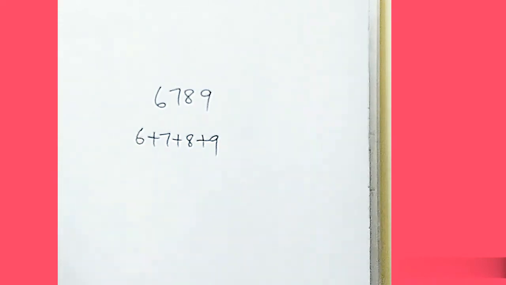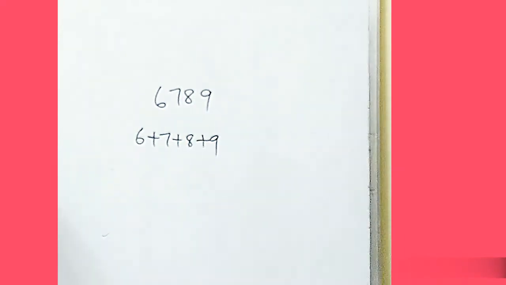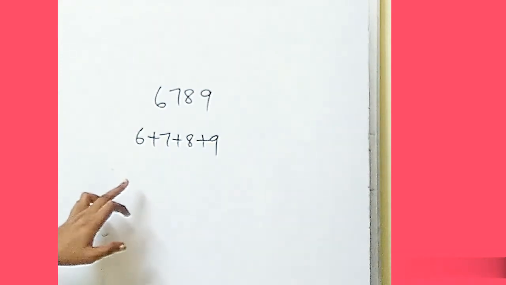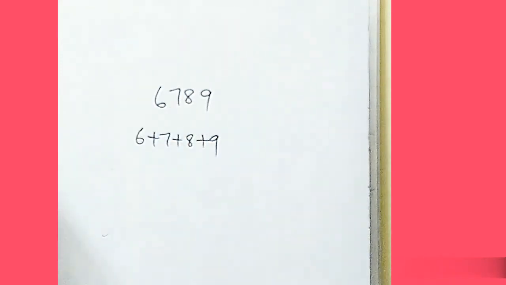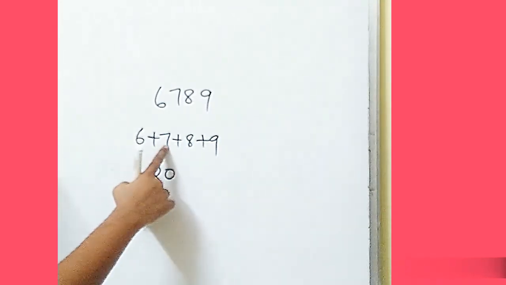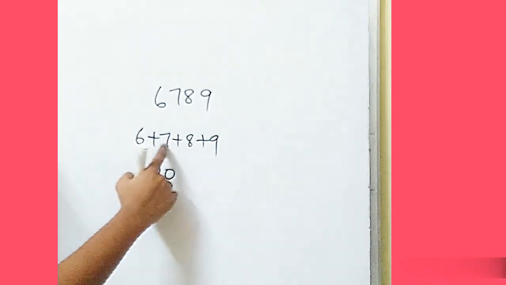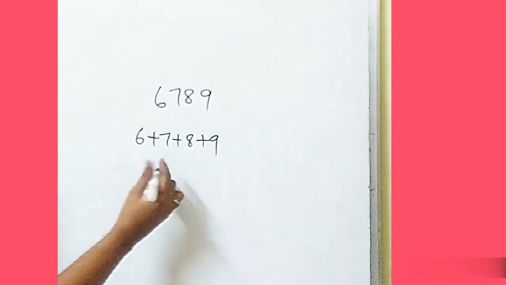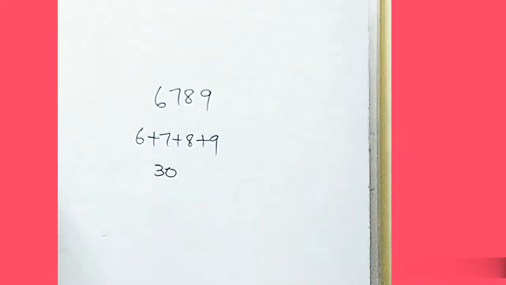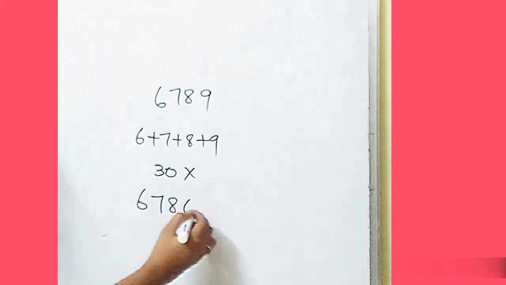14 plus 16 will be 30, which means this will not come. So this is wrong. Now we'll see a number 6, 7, 8, 6.